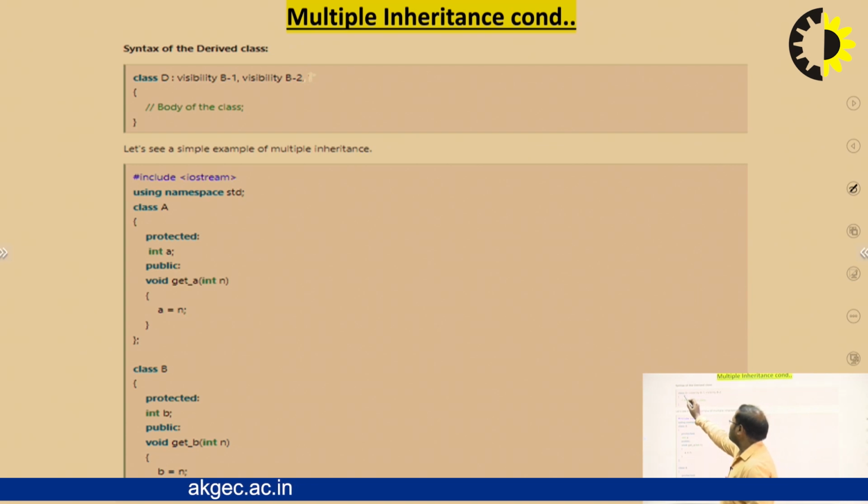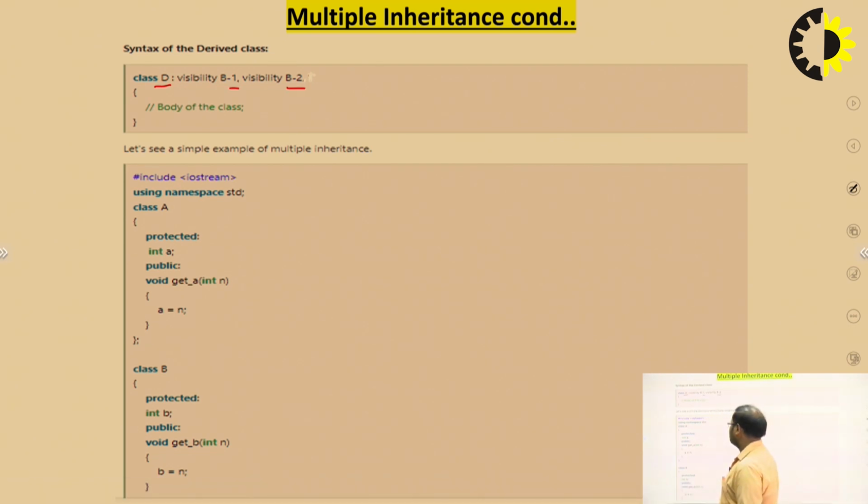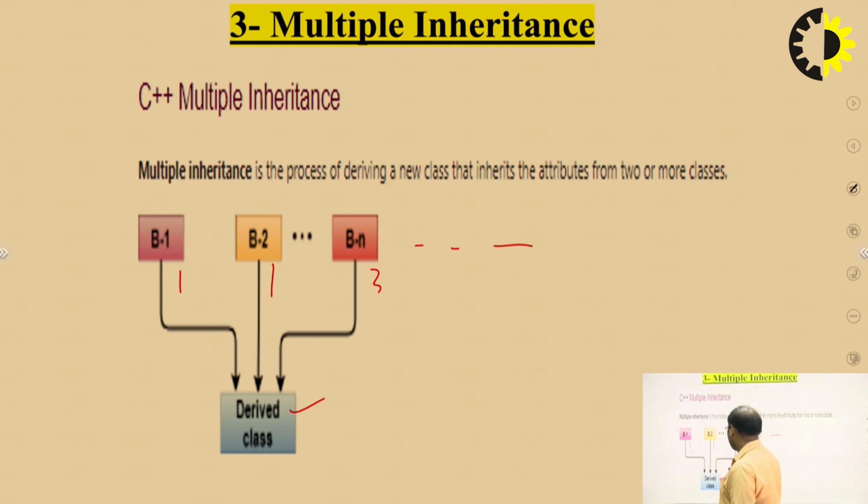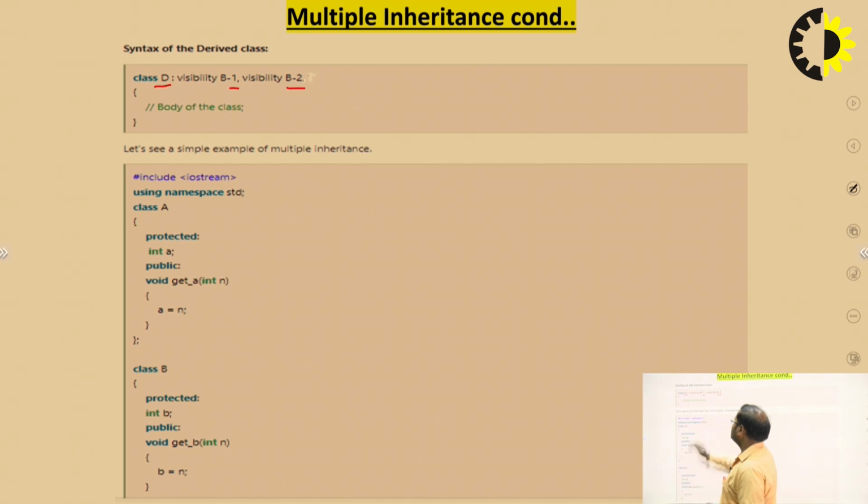Suppose D is a derived class which inherited from B1 and B2. So the syntax of the derived class is: class D colon visibility, here we can use public, private or protected visibility, of B1 comma visibility of B2, then the body of the derived class.